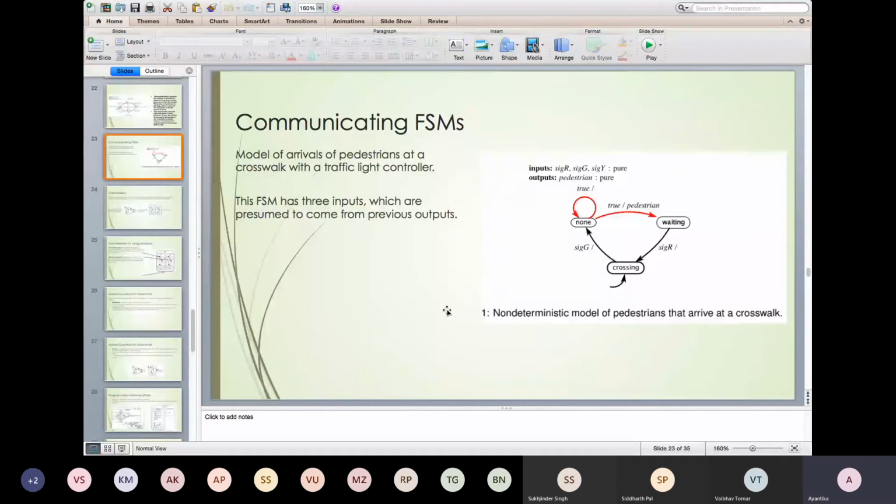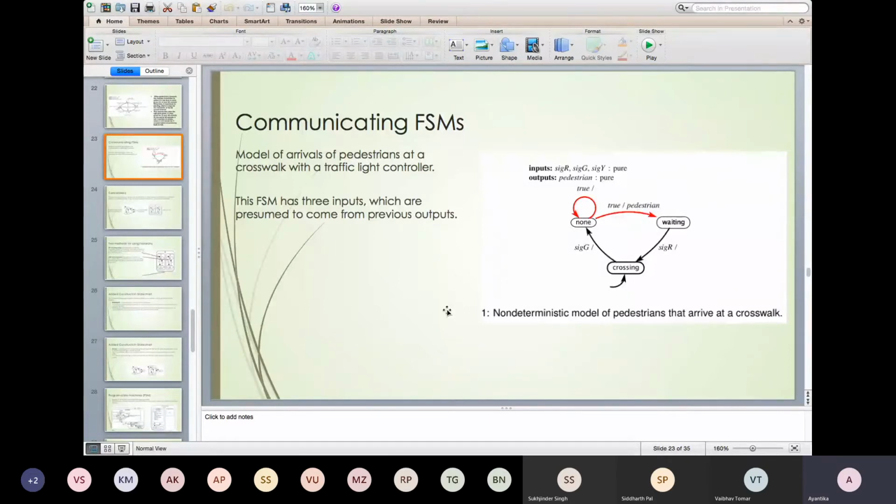That's why we were telling that in case of environmental modeling, that may lead to some non-determinism. Or in other words, we have to take care of different non-deterministic scenarios when we are thinking of our environment model.